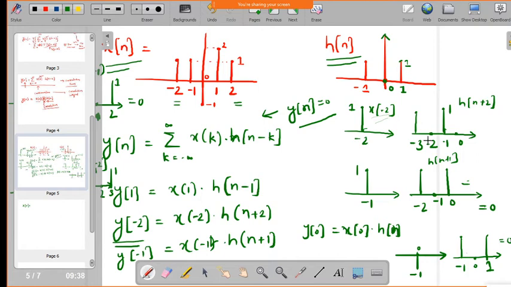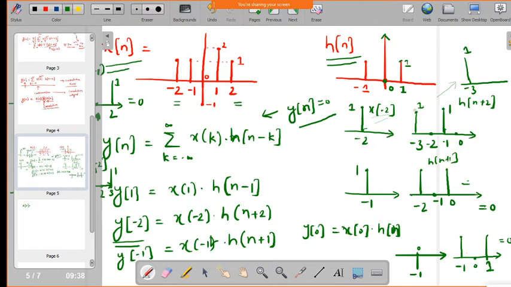Now this is a shifted version of h of n plus 2. Now we need to multiply each impulse to the corresponding impulse. So this will result in the following. At minus 3 what will happen? This is 1 into 1, it will become 1, and 1 into 0 again will be 0 at minus 2, and at 1 it will be 1.